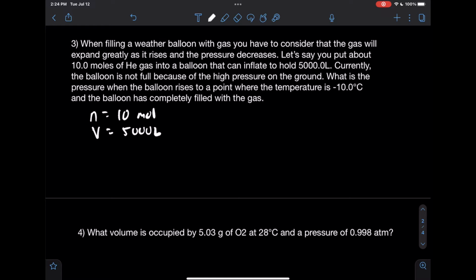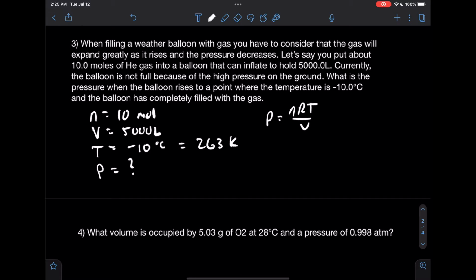What is the pressure when the balloon rises to a point where the temperature is negative 10 degrees Celsius and the balloon has completely filled with gas? So we know our temperature is equal to negative 10 degrees Celsius, which is equal to 263 Kelvin. We are trying to find the pressure, so we'll put a question mark there to symbolize that we don't know that one.